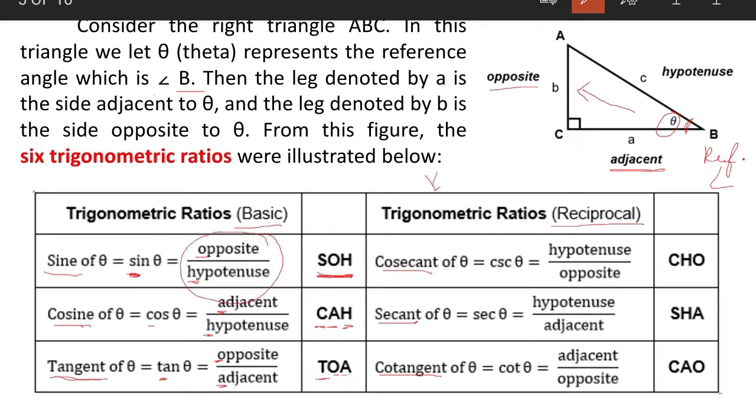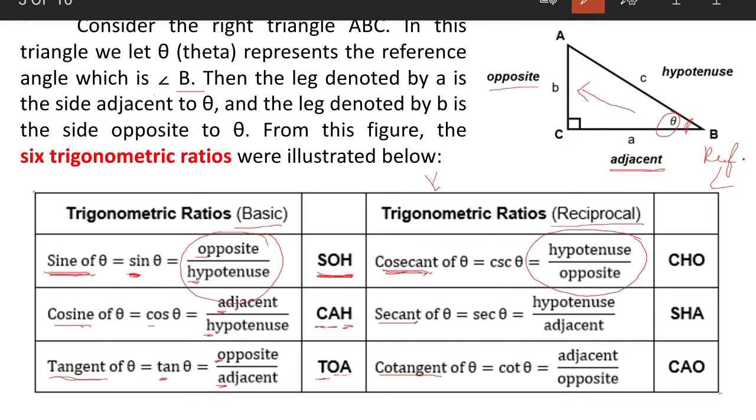As you can see here, the reciprocal of sine theta is the cosecant theta. So if in sine we have opposite over hypotenuse, in cosecant we have hypotenuse over opposite. So we just interchange the numerator and the denominator of the ratio.